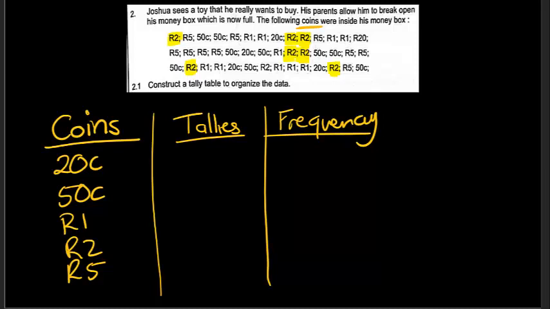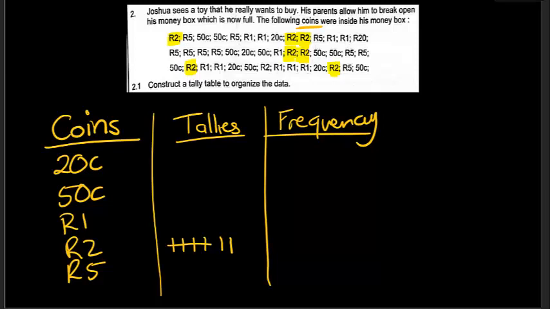I've got 1, 2, 3, 4, 5, 6, 7. I've got 7 2 rand coins, so I'm going to tally it like this. That's what I tally for 2 rand coins.